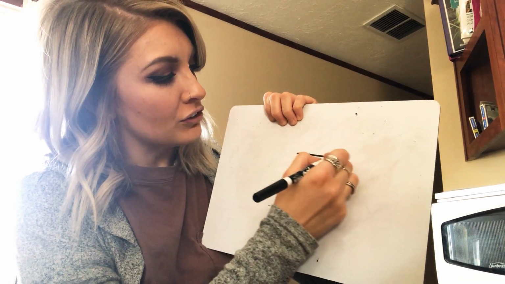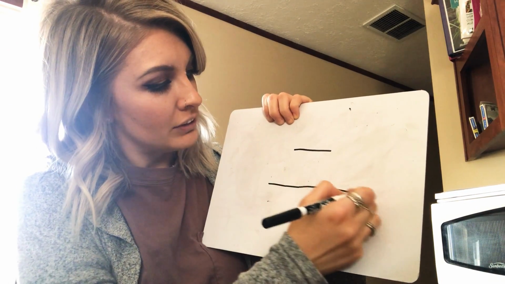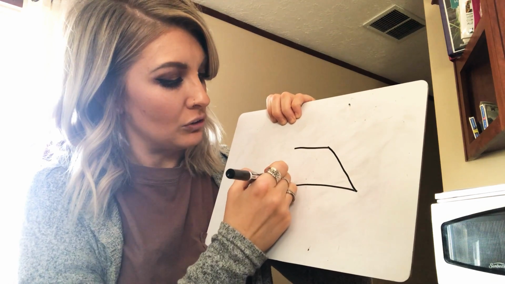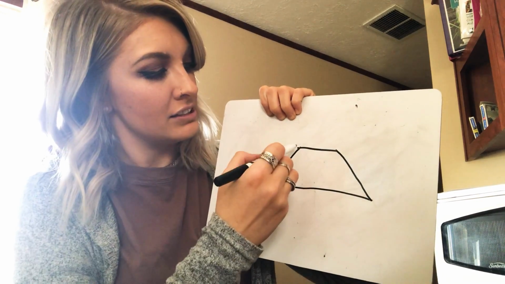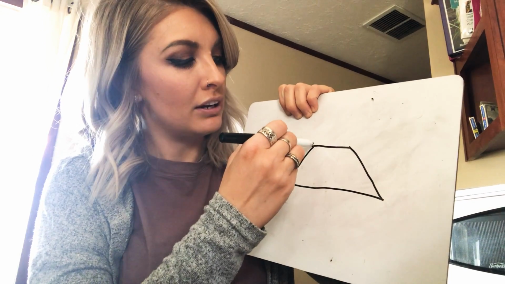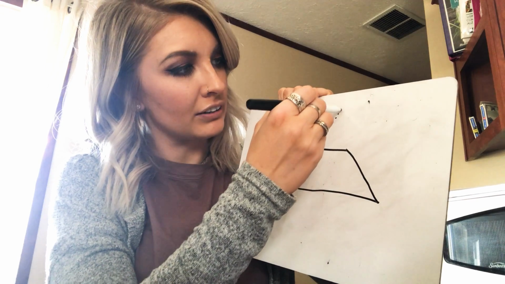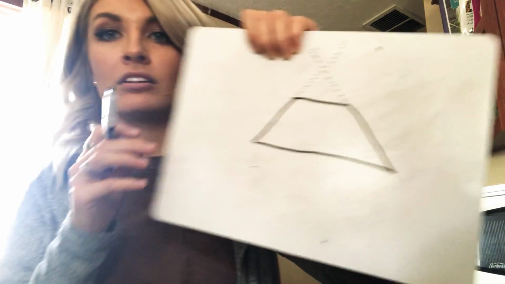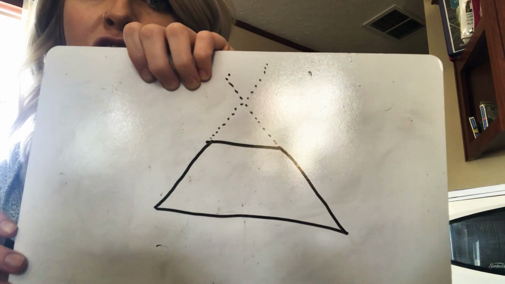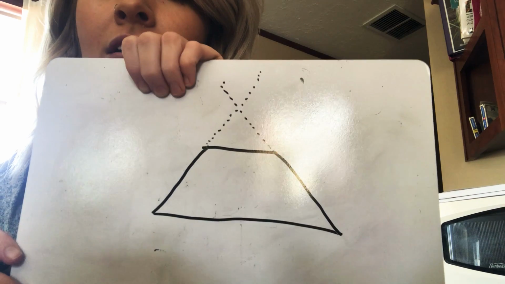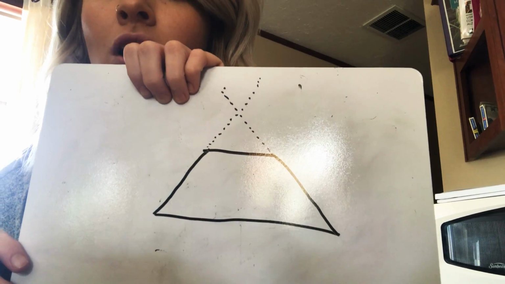So I'm going to draw a trapezoid that has 1 pair of parallel sides, and then I'm going to do 2 sides like this, and they don't cross in this picture, but if I were to keep drawing, pretend these dotted lines are just where these lines would extend to make the shape, those are perpendicular, okay? So any trapezoid you draw would be just fine for this shape.